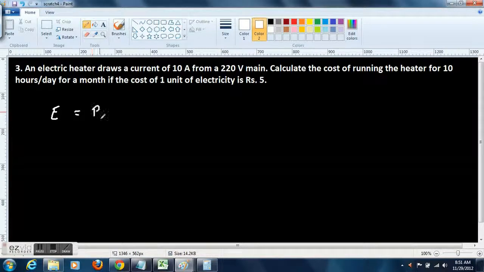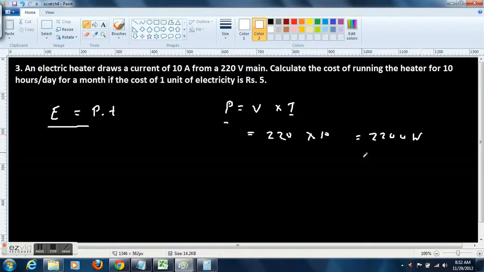Now energy equals power multiplied by time. They have not given the power, but they have given the voltage and ampere. So there is a formula to calculate power from voltage and ampere, and that formula is P equal to V into I. Once we obtain the power, we'll use this value of P to calculate the electrical energy.